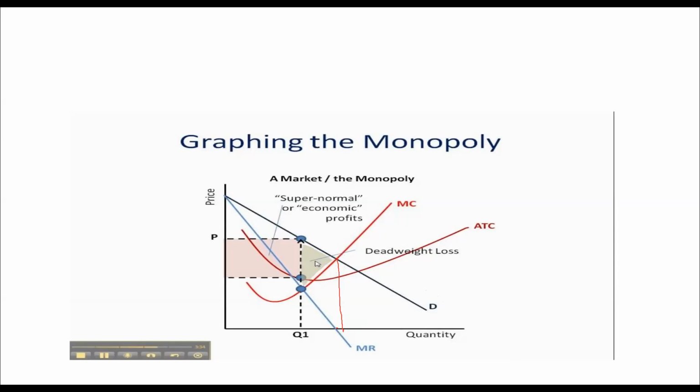So notice two things. Profits increase, and where I used to be selling Q1, I'm now all the way over here. So profits and quantity both increase in a perfect price discrimination monopoly. Usually they don't ask you to draw it, but they ask you a question like the one I just asked.